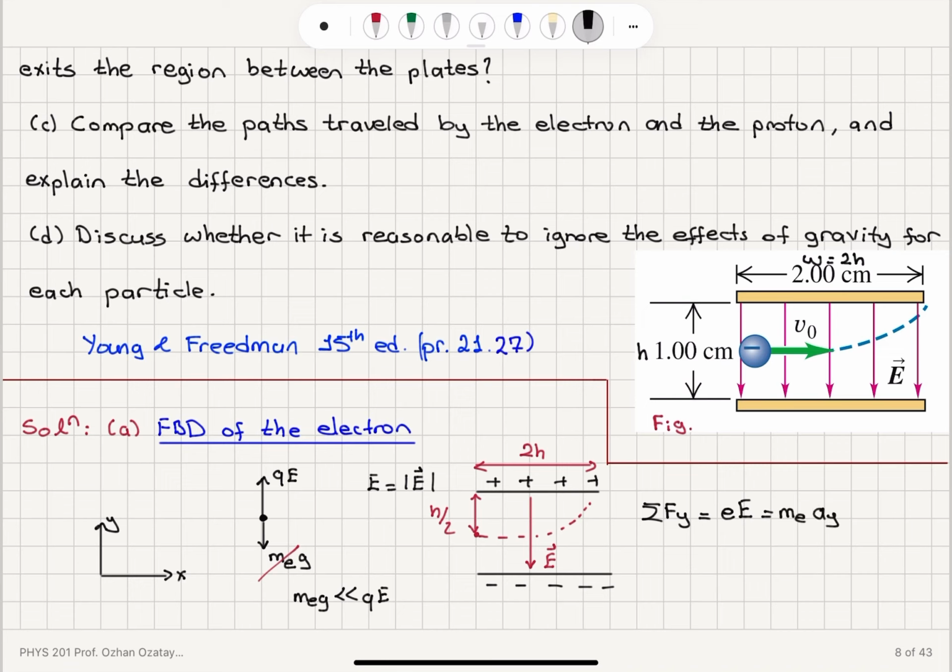Okay, and therefore we have a constant electric field multiplied by the charge divided by the mass, a constant acceleration. So I recognize this motion as constant acceleration motion of the electron.